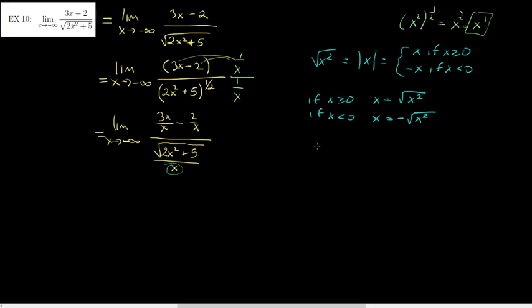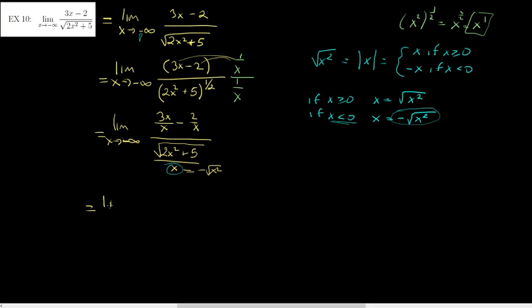I'm going to take this x and change it to this. Why are we picking the bottom one and not the top one, not the plus? Well, remember, x is going to negative infinity here. So if x is going to negative infinity, you can be sure all the x's are going to be less than 0, going to be negative. That's why we need a negative sign here. So my next step is just to change this x to negative square root of x squared.